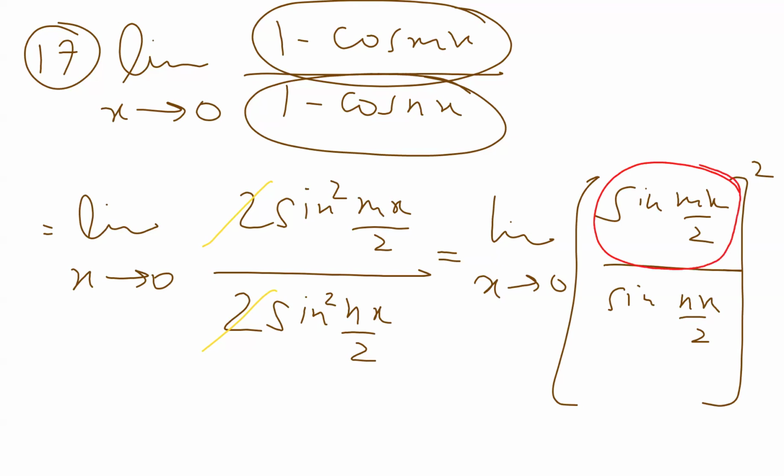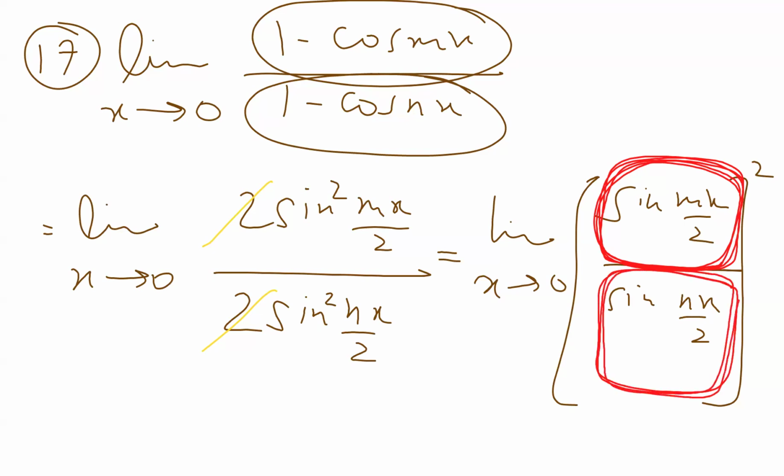Now this is sine mx by 2. So beneath sine mx by 2, which term should be there? mx by 2. Correct. Perfect. And this is sine nx by 2. So beneath sine nx by 2, which term should be there? nx by 2.